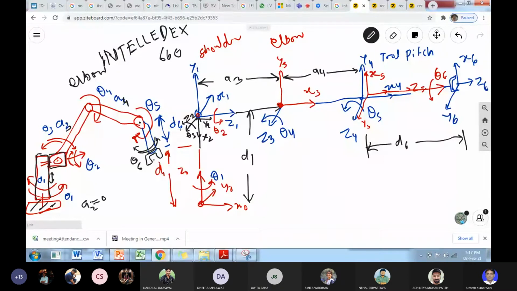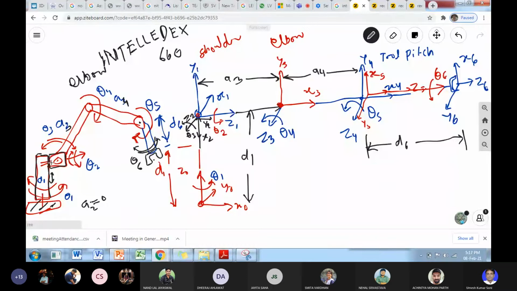Okay, so here you can see x0, y0, z0, which is rotating with angle theta 1. This is the base coordinate frame. Now another coordinate frame x1, y1, z1 for this assembly.